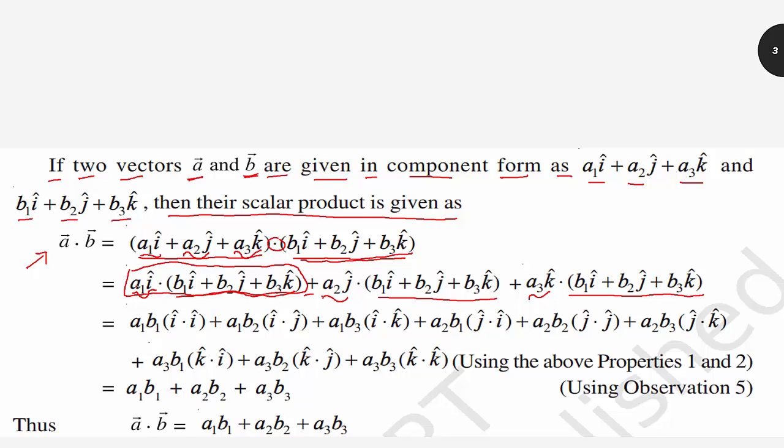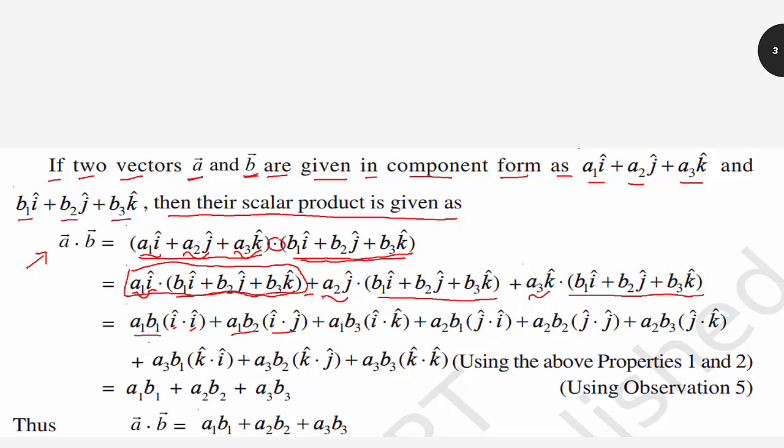Okay. a1 i cap dot with b1 i cap. That means i cap is common, so they write a1 into b1. Next, a1 into b2, i cap dot j cap.